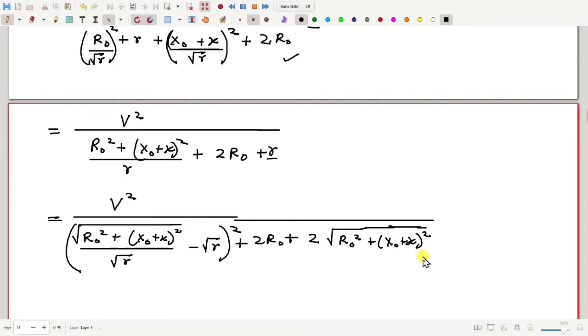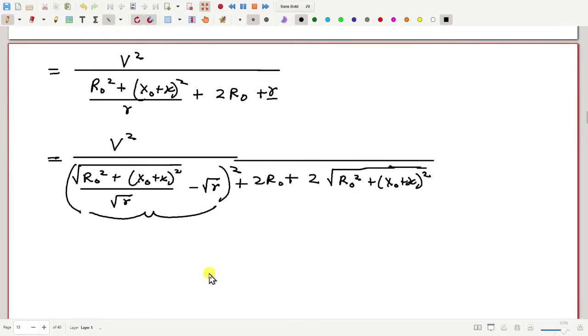Okay, so now for maximum power we can make this term equal to 0, which implies that little r should be root over R naught square plus x naught plus x whole square.